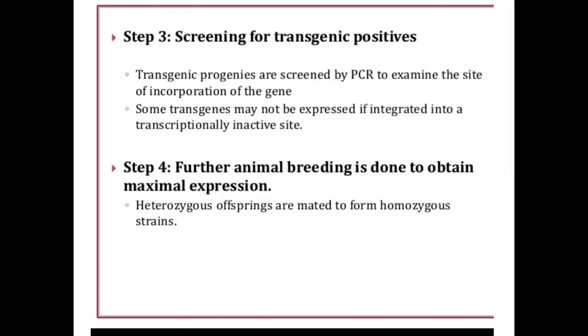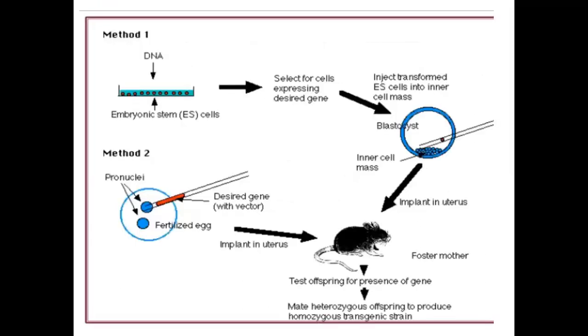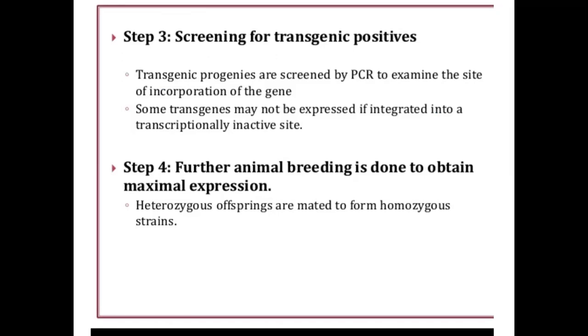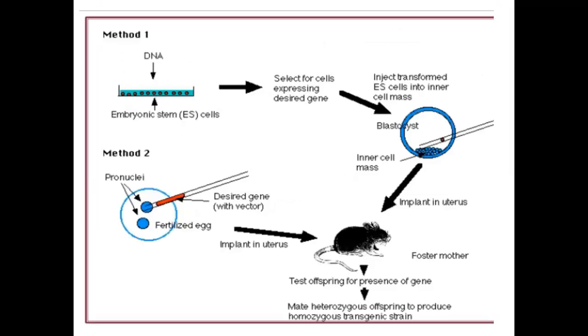The fourth step involves further animal breeding to obtain maximal expression. The heterozygous offspring are mated to form the homozygous strain. In the first method, the DNA is introduced with the embryonic stem cells.